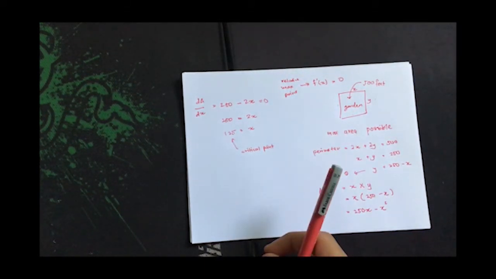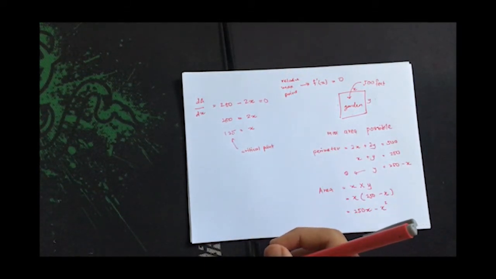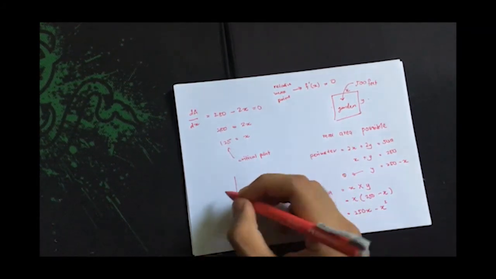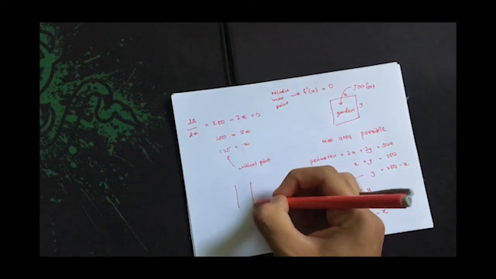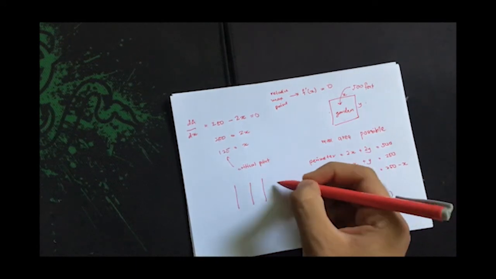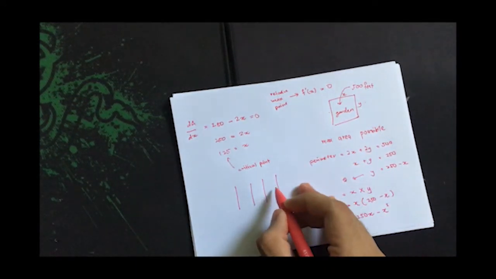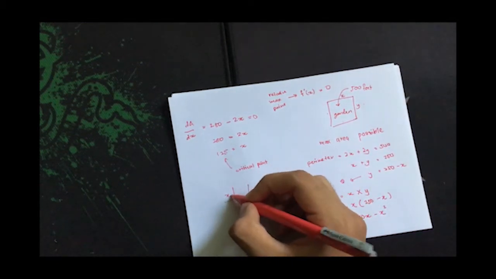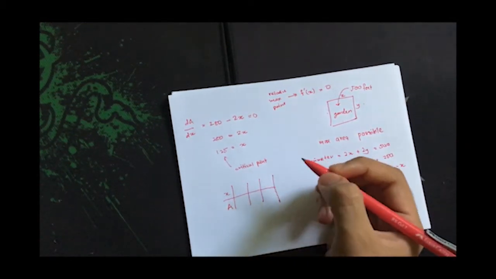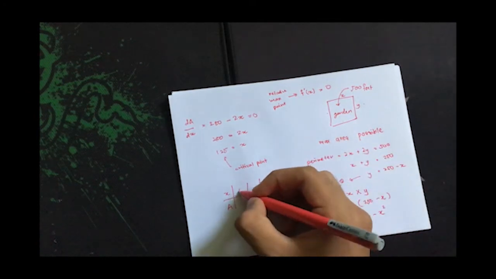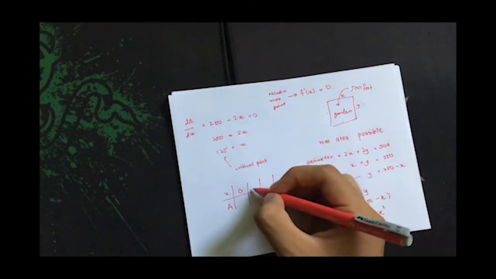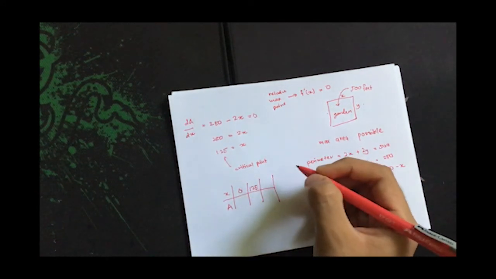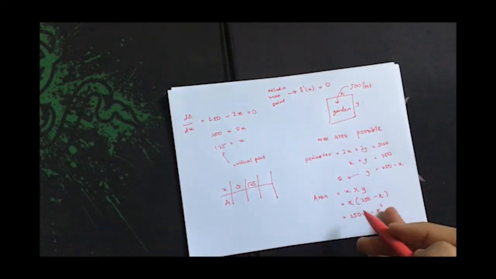Next step, we're going to make some table. 1, 2, 3, 4. So it's going to be like this, and this is x and this is A. For minimum it's always 0, and next is the critical point is 125, and maximum is 250.